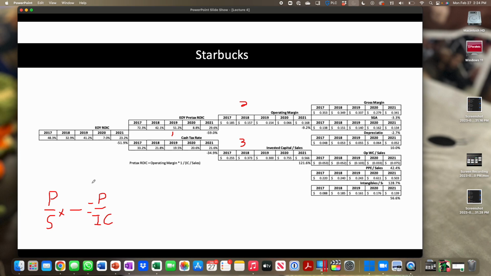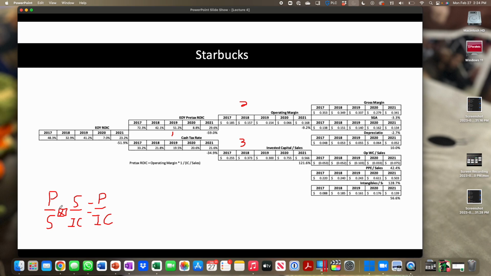S over IC. S is sales. IC is invested capital. It's the ratio of sales to invested capital. That's productivity. The important point here, this multiplication sign, equal weight. They are just as important in explaining ROIC.